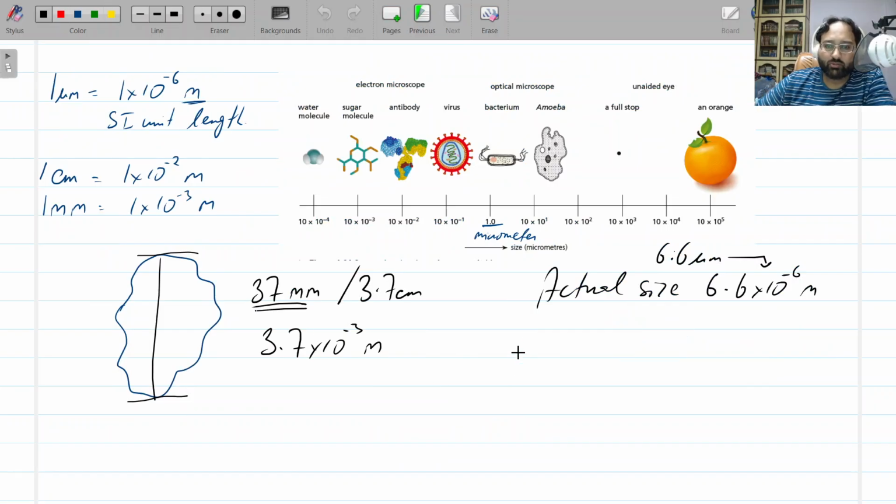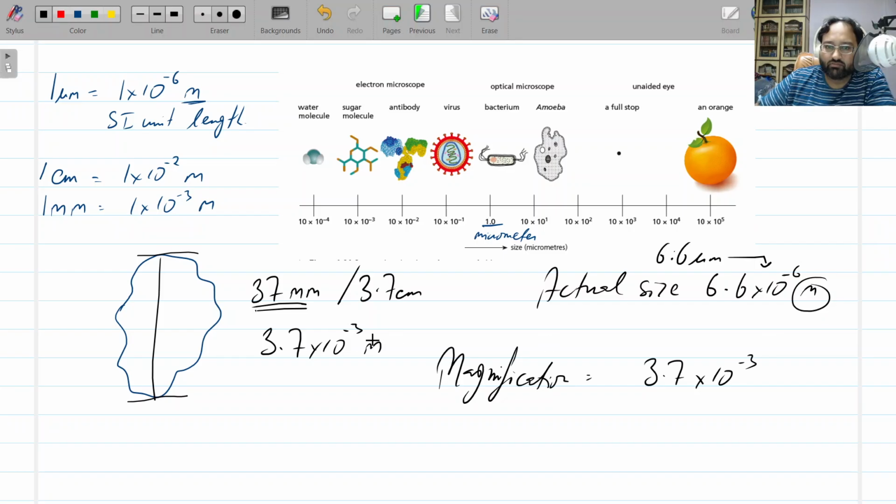So magnification is 3.7 into 10 to the minus 3 meters, in the same unit, over 6.6 into 10 to the power minus 6.